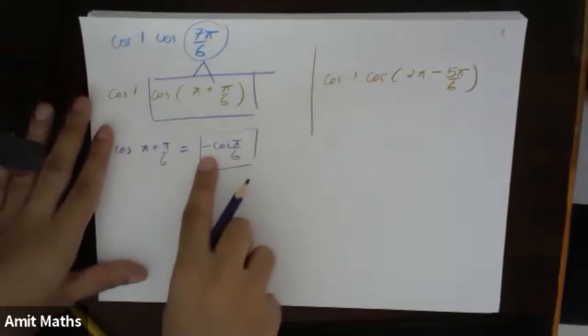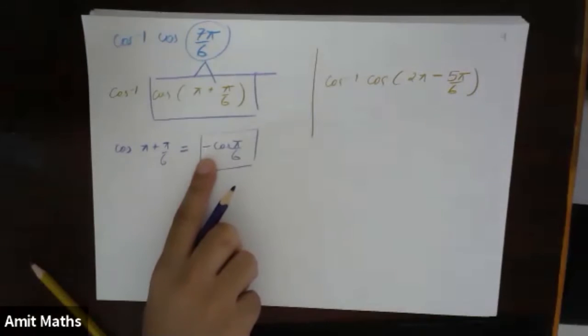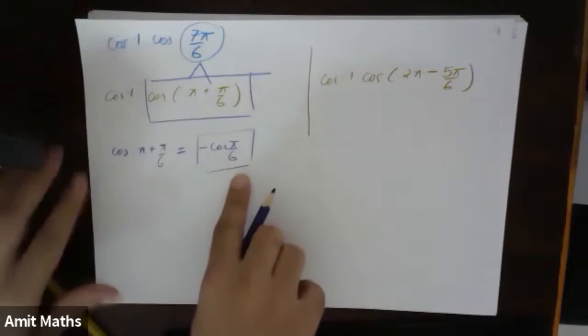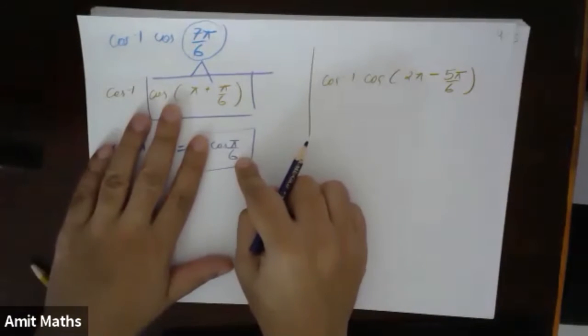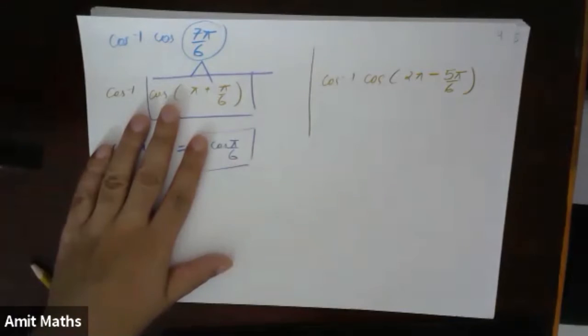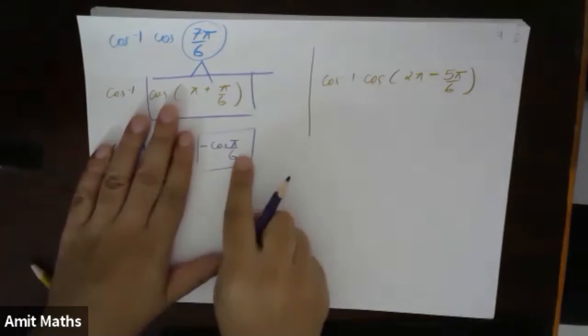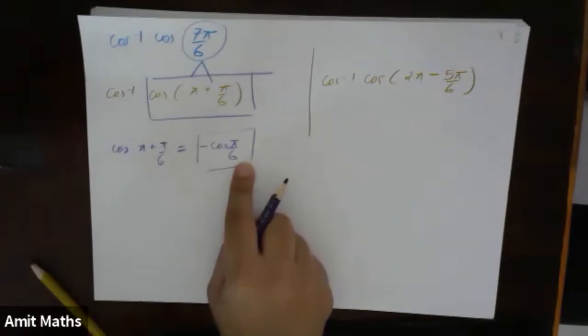If you keep the value, pi by 6 is 30, so it is minus of root 3 by 2. Cos of pi by 6, cos of 30.